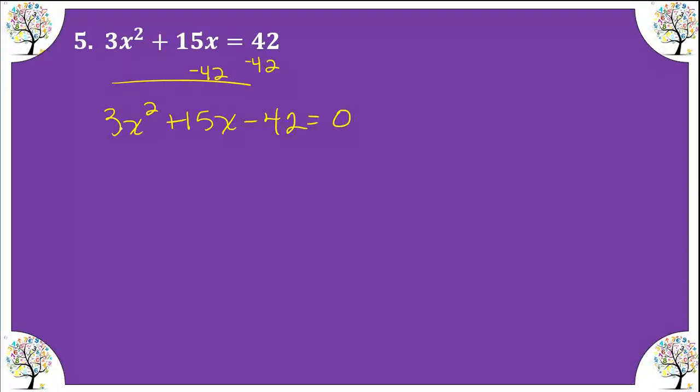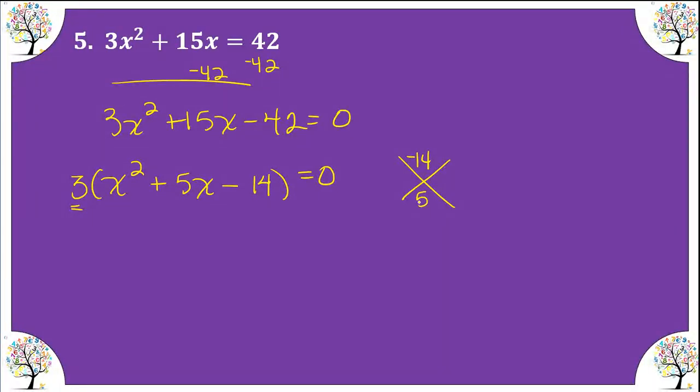Now, I believe that 3 is our GCF. So don't forget, always factor out a GCF if there is one. And 3 into 42 is 14. Now, don't forget, 3 is going to be one of our factors, so we have to keep bringing it down. So now we have 1 times negative 14.